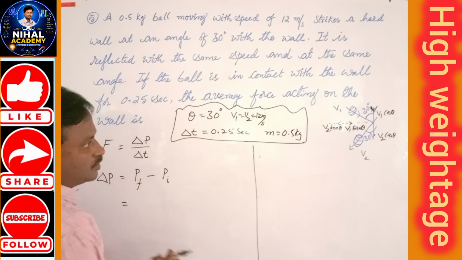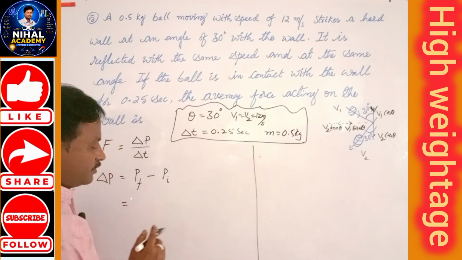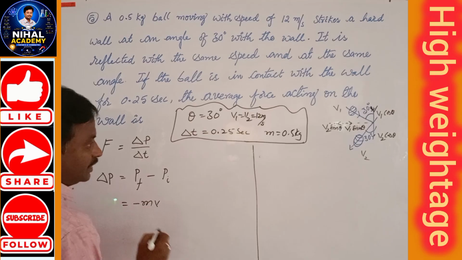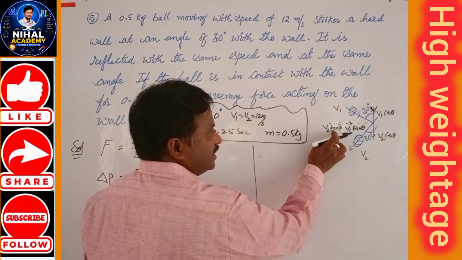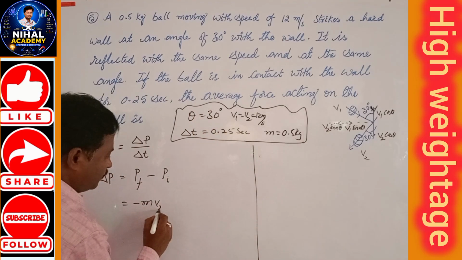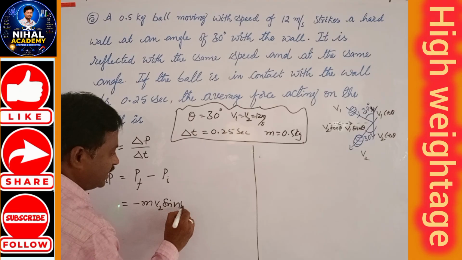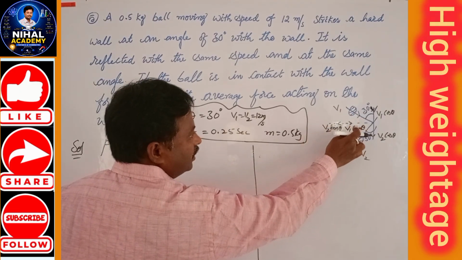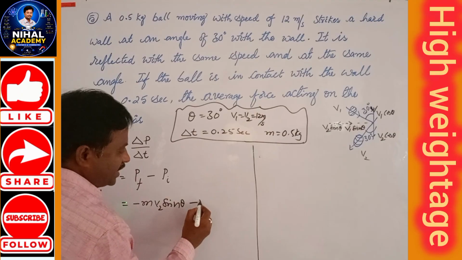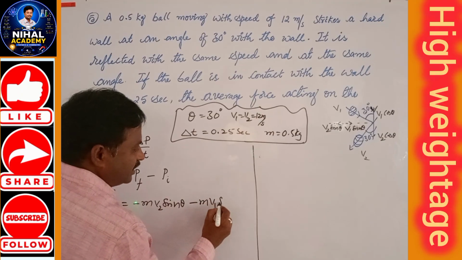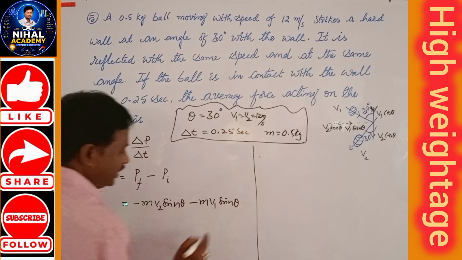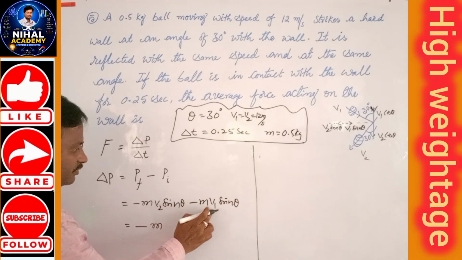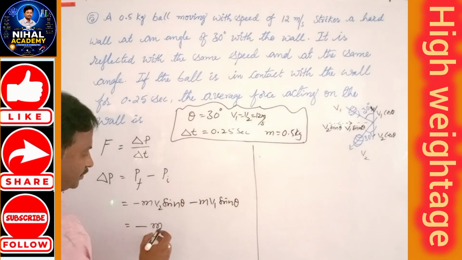This is the final velocity. Since it is reflected, we take minus m, and the final velocity is the resultant, that is v2 sin theta, minus the initial momentum, which is equal to m times the resultant v1 sin theta. Here the mass is the same and the velocities are the same, so v1 and v2 we can replace with v.